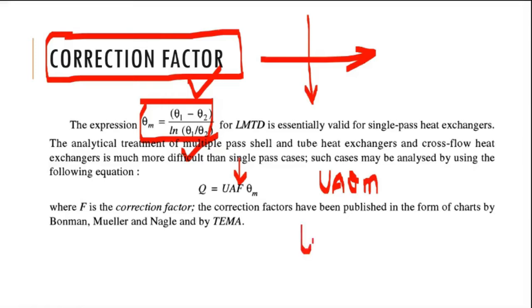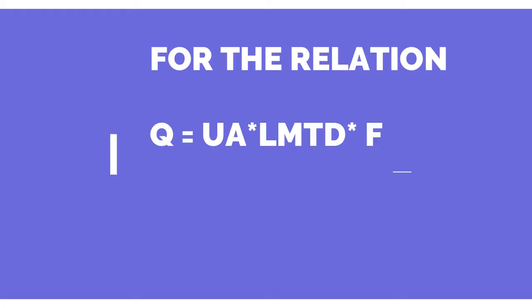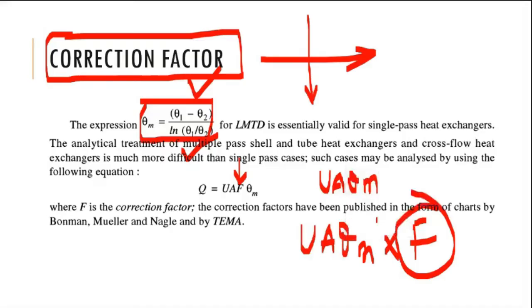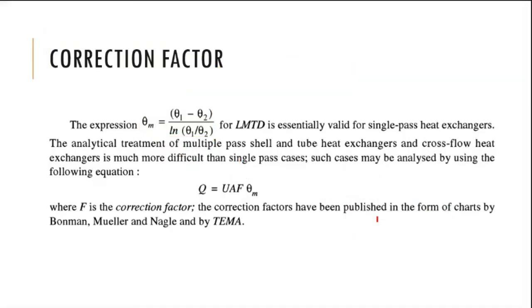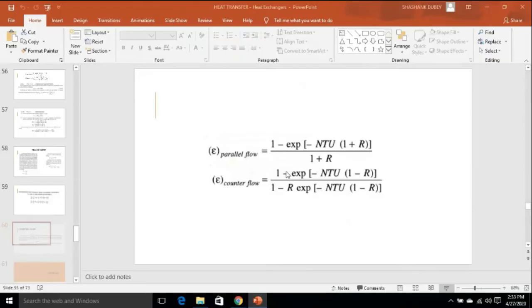Instead, the rate of heat transfer will be UA theta m multiplied by a correction factor, given by capital F. So we will go to the data handbook once and see how to find this correction factor.